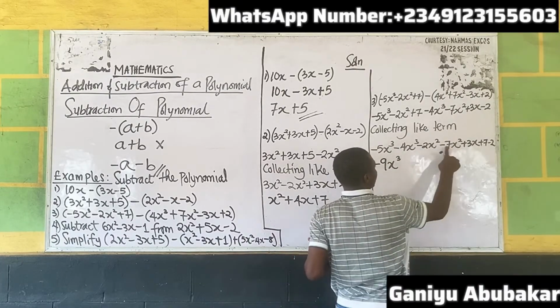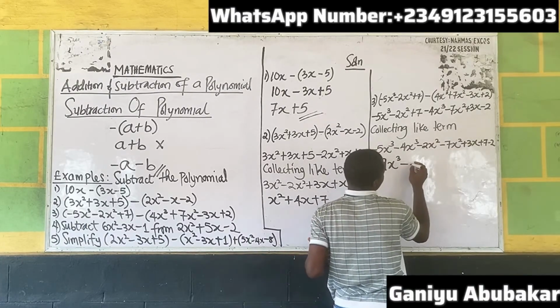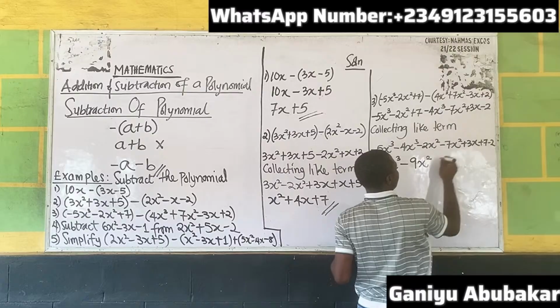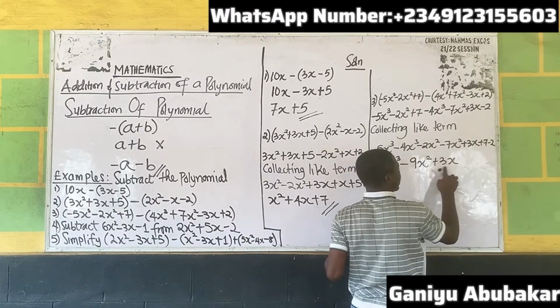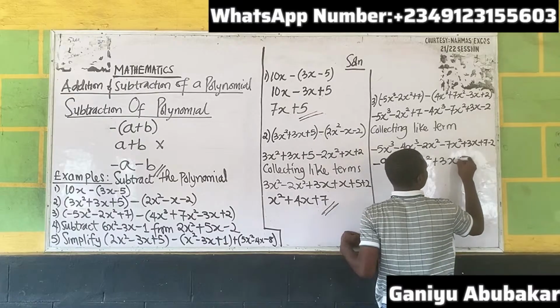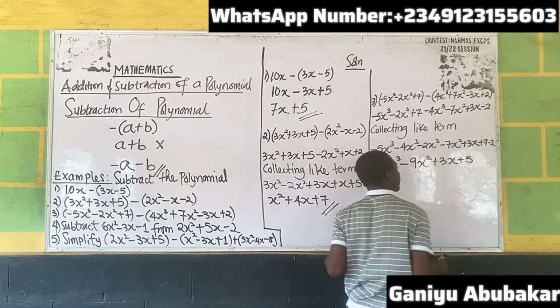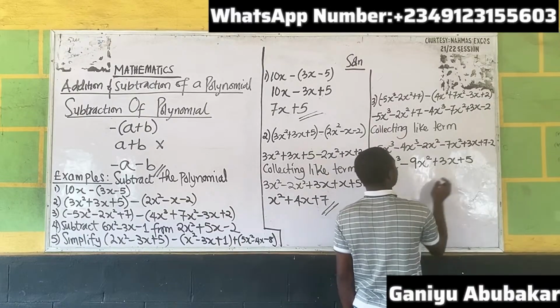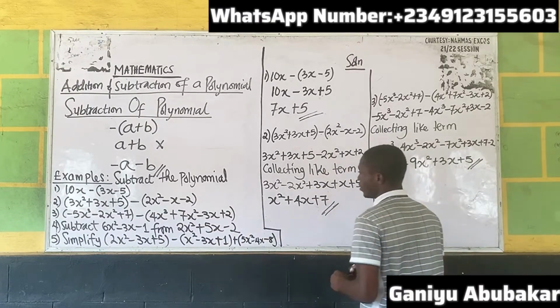Minus 2x squared minus 7x squared gives you minus 9x squared. Plus 3x. That's only 3x I have. Then plus 7 minus 2 gives you plus 5. So this becomes the final answer to this particular question 3.